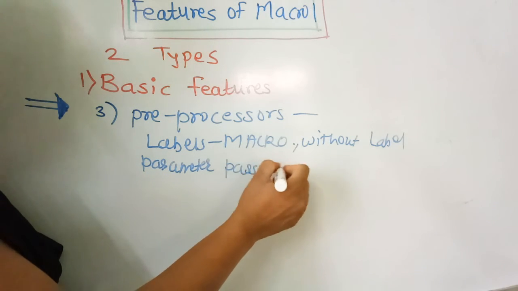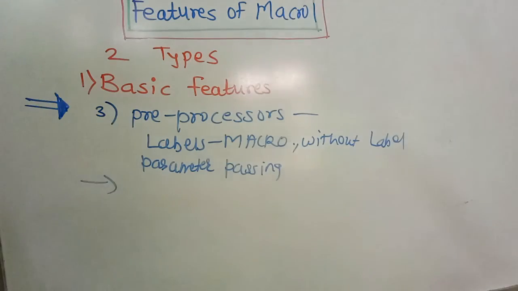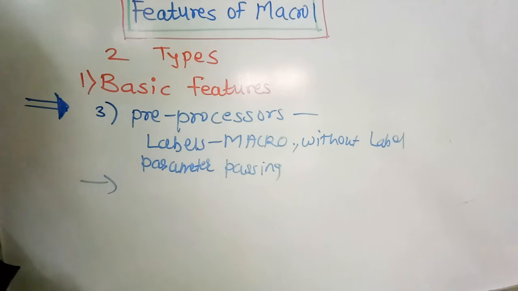Okay, what does it actually mean? It means that, for example, if a label is directly used in the macro definition, then the macro processor counts every call and replaces the label with a new label so that it should not be repeated.